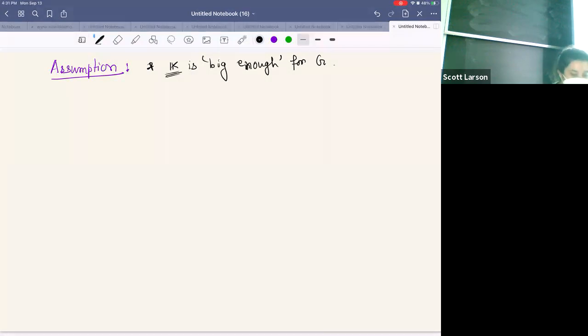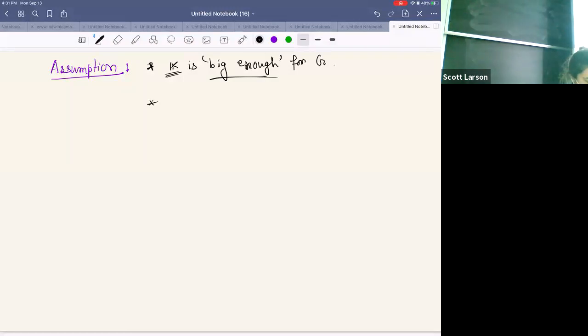So big enough is a condition that allows me to extend the irreducible local system to an irreducible one in the positive characteristic field. Okay, so that's probably a very vague definition.